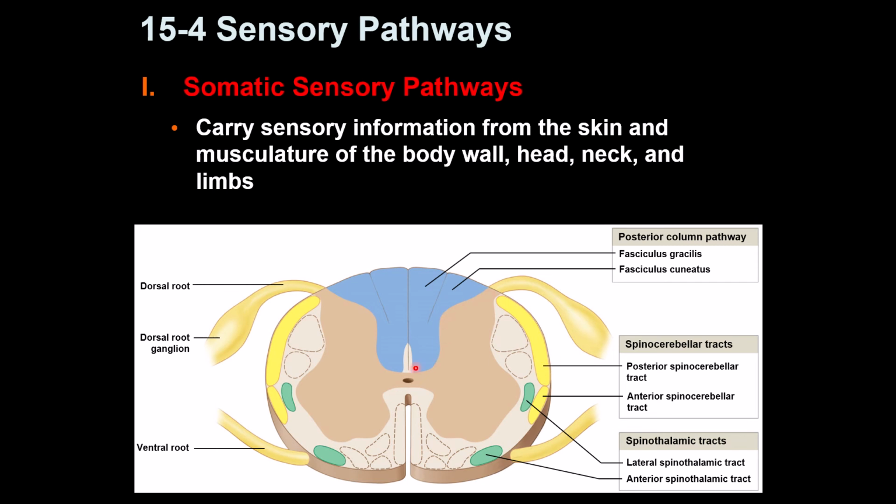And this area that you see, if you want to include the midline, this whole area is the posterior column, or posterior white column, same idea. It has 2 tracts. One is fasciculus gracilis, and the other one is fasciculus cuneatus. So gracilis is located more medially, getting information from the lower extremity, and cuneatus is located laterally, getting information from the upper extremity.